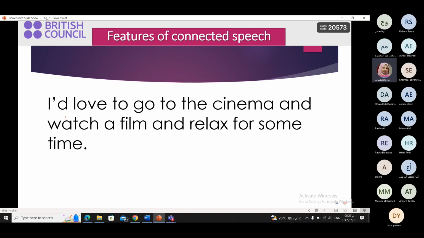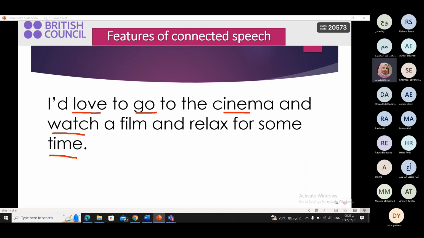Okay, let us together read the sentence. I'd love to go to the cinema and watch a film and relax for some time. If we read this sentence in connected speech, in a faster way, some words must be stressed and other words unstressed. As we agreed, the stressed words are the verbs, the nouns, and if we have adjectives, these words must receive stress.